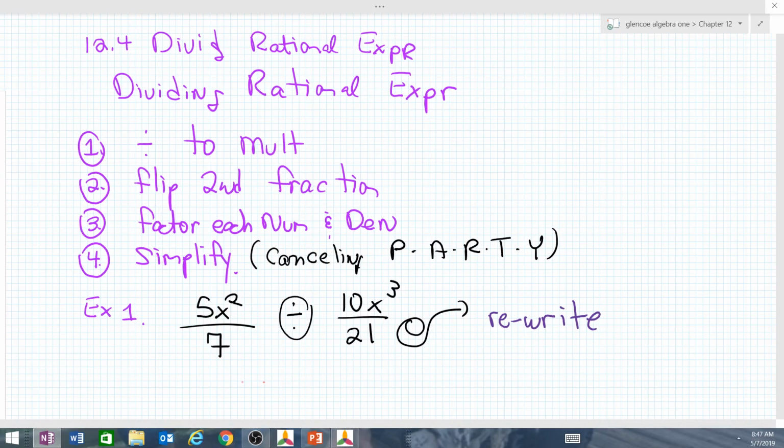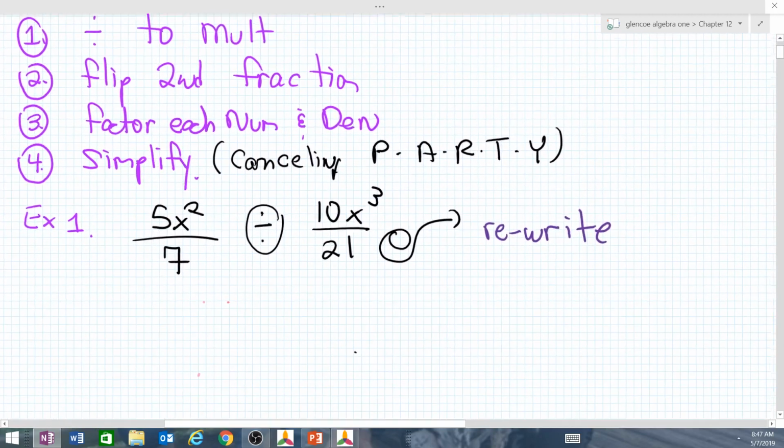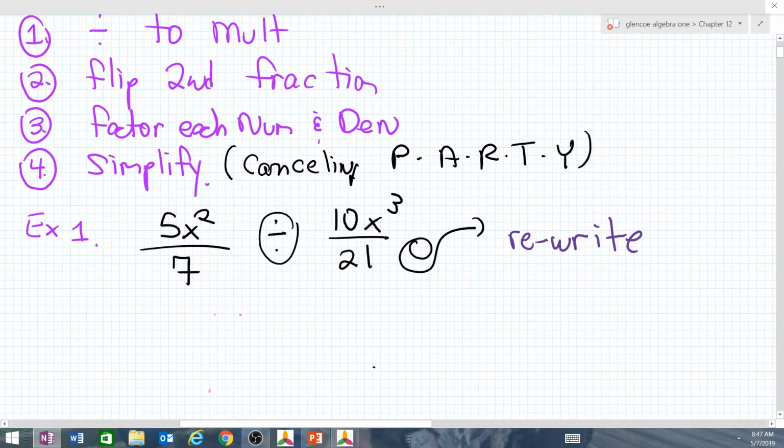Okay, so to divide rational expressions, it's just like dividing fractions, guys. Multiplying fractions, that's no problem. Top times top and bottom times bottom. Dividing fractions, that's easy too. Divide to multiply and flip it too. All right, so we have 5x squared over 7 divided by 10x cubed over 21.